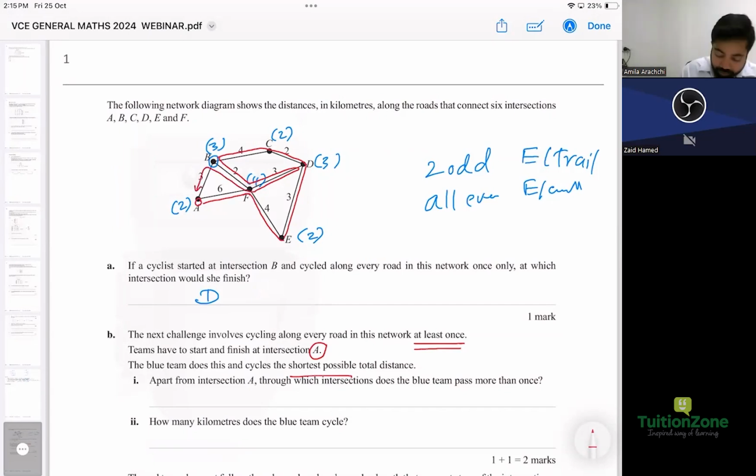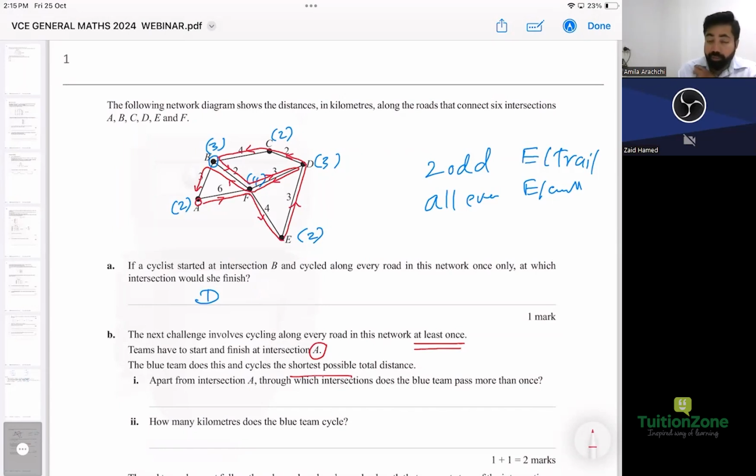This is what I did, but you can do it differently. I started from A and I came back to A.